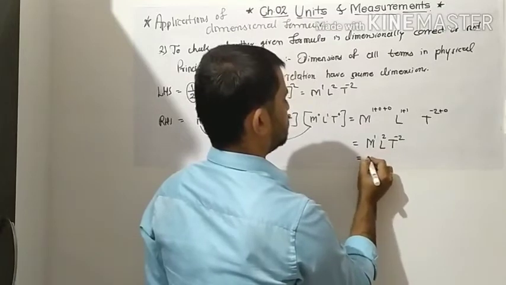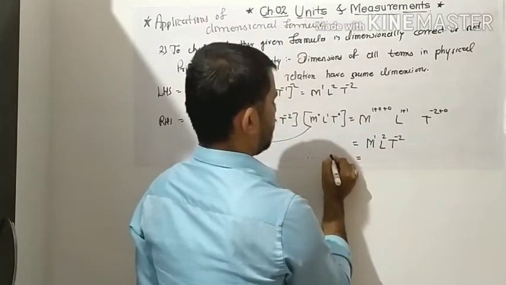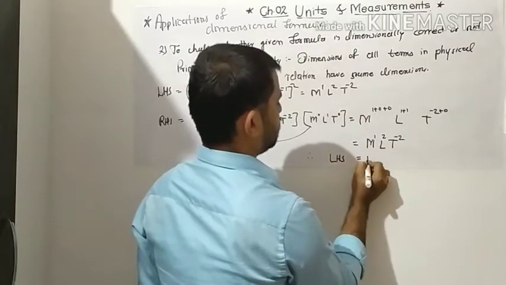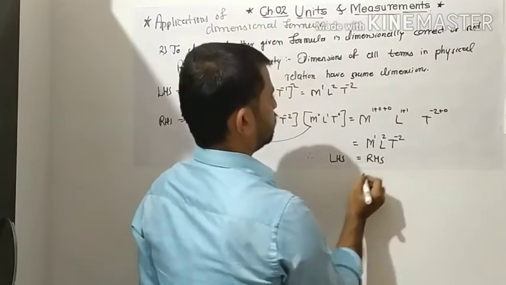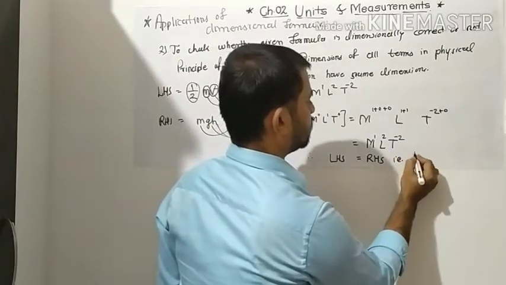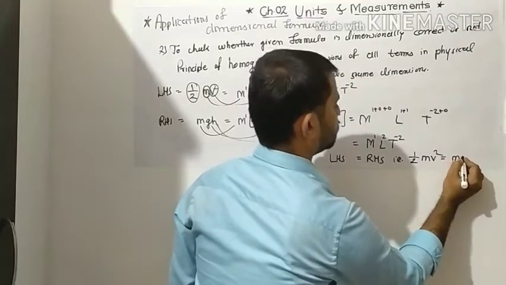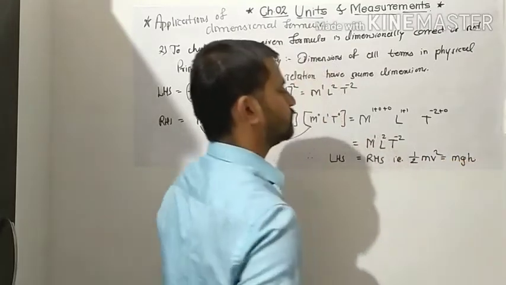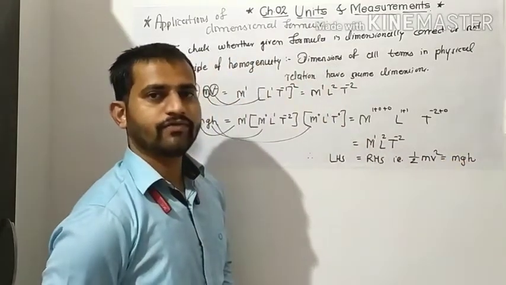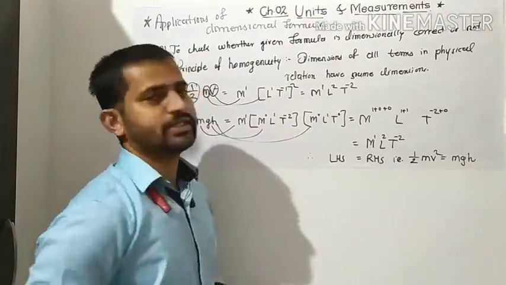That is LHS equal to RHS. We can say here that 1/2 mv square is equal to mgh. So we can prove this dimensionally also.